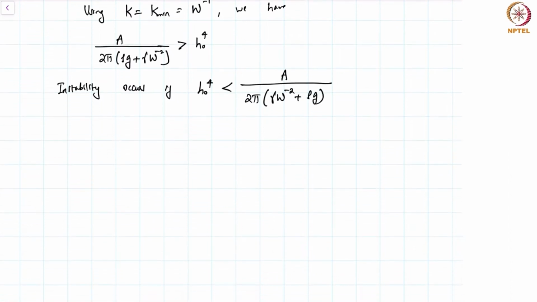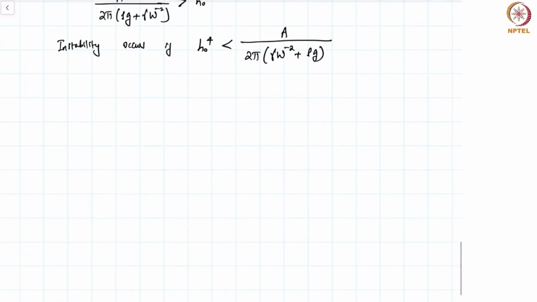Okay. Again, remember, viscosity plays no role in determining the criteria for the stability. Okay. And if we take viscosity into account, it affects the growth rate, not the stability criteria.